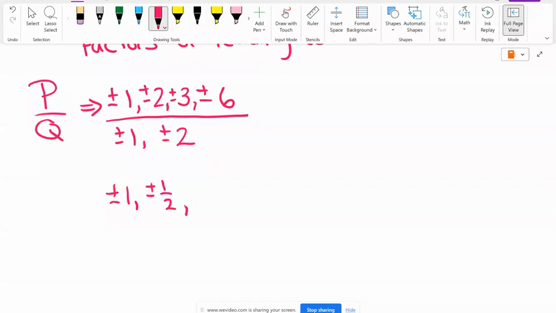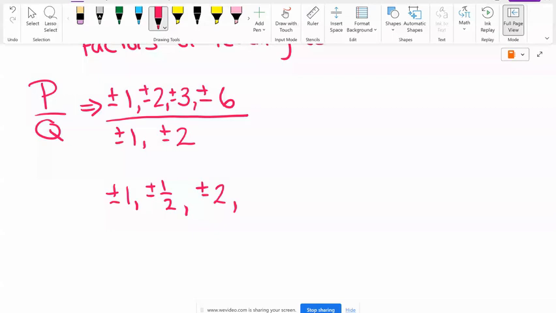Now we're done with 1. Now we go on to 2. Then it's going to be plus minus 2 over 1. But what's 2 over 1? Just 2. And then it's going to be plus minus 2 over 2. But what's 2 over 2? 1. Isn't 1 already in our list? So we're not going to write it again.